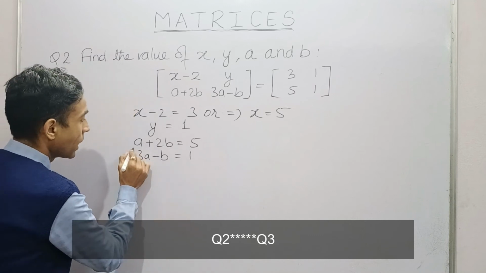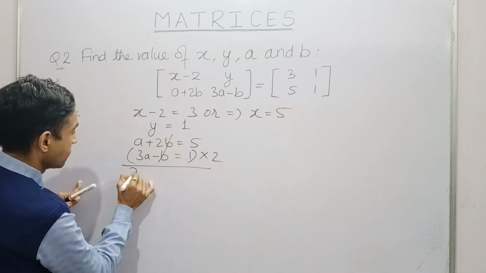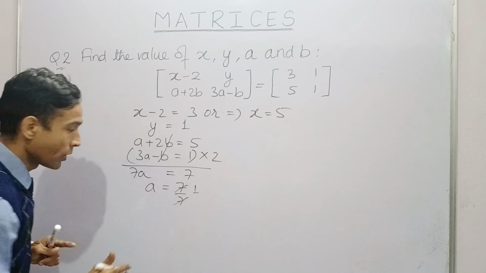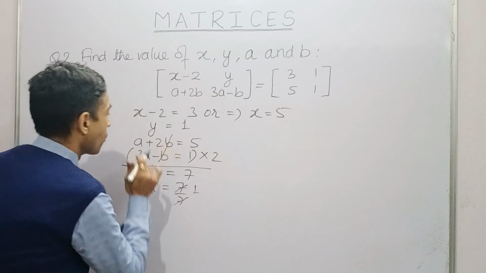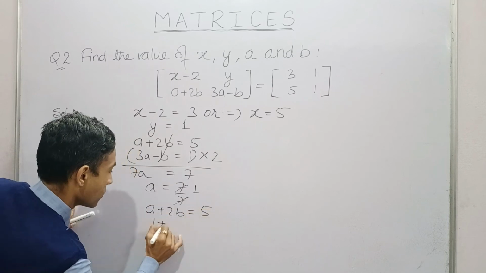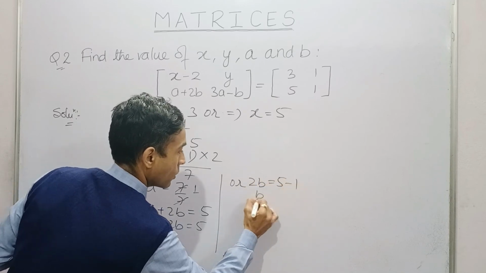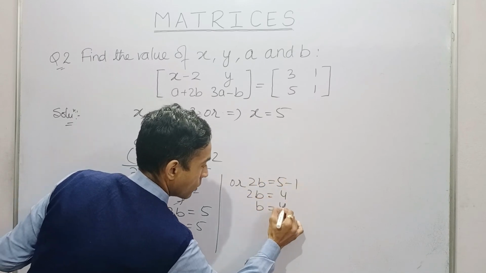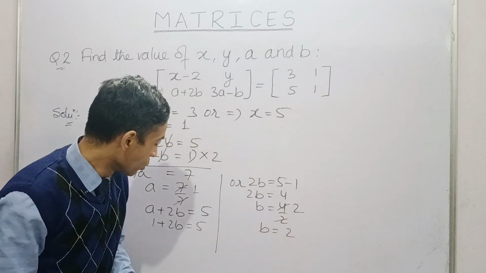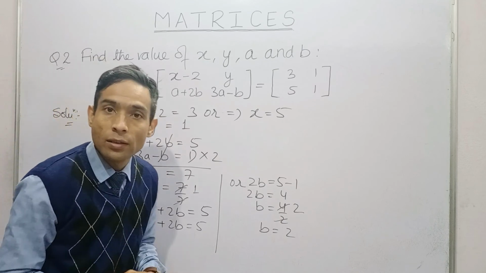I am doing it by elimination method. The value of a is 1. Let's put this in one of the linear equations. So the value of b is 2, a is 1, y is 1 and x is 5.